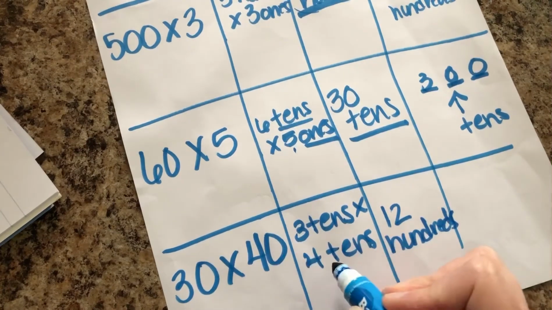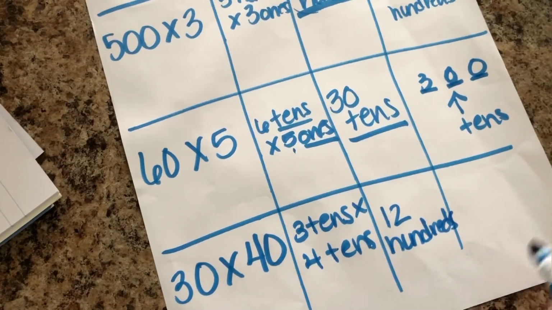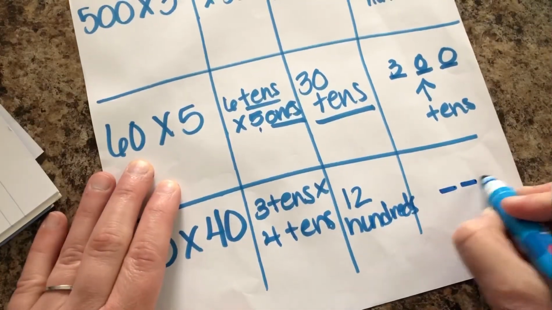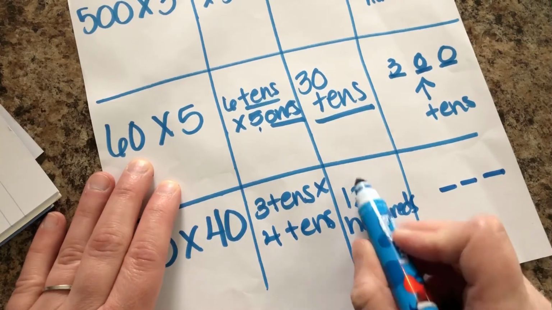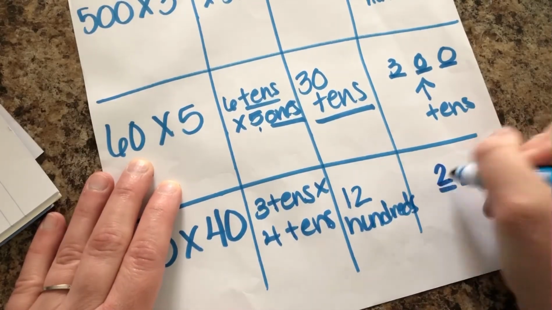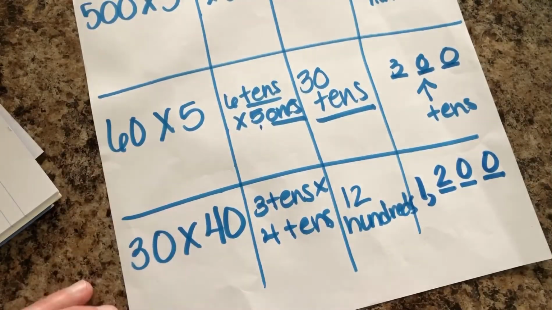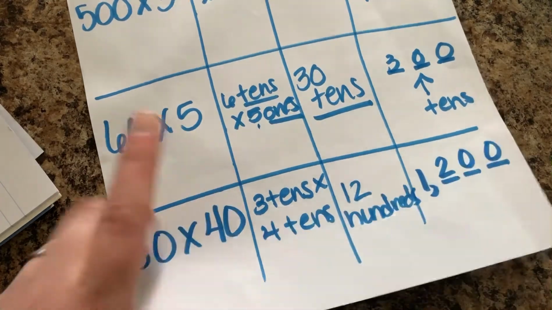If we do 10 times 10, that's going to be tens? That doesn't make sense. So that's not reasonable. So now we have 12 hundreds. So let's think. I'm going to do our place value. And I know that this last digit here has to be in the hundreds place value. So I know then my answer is 1,200.